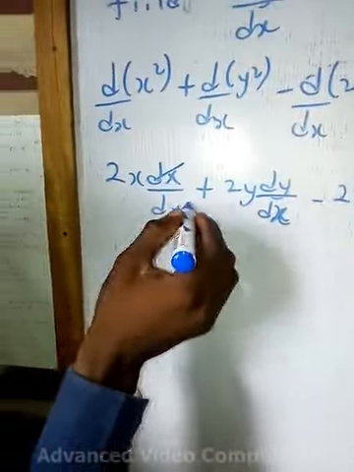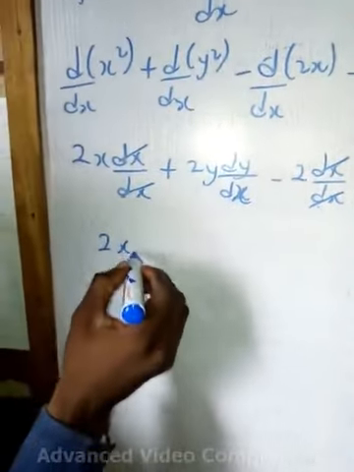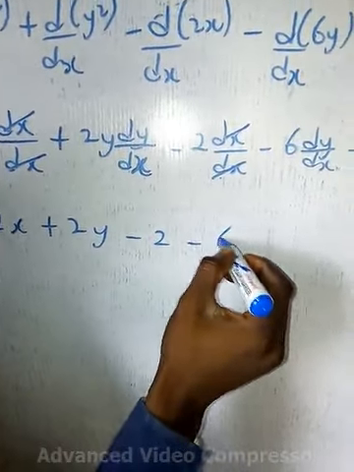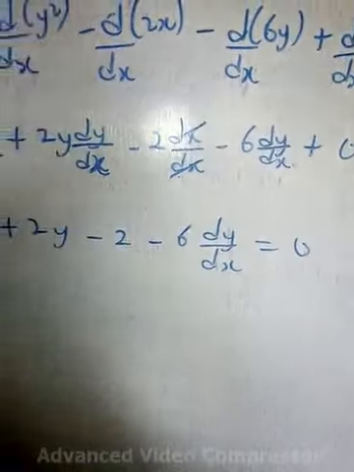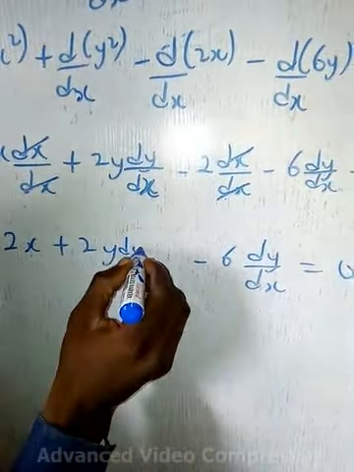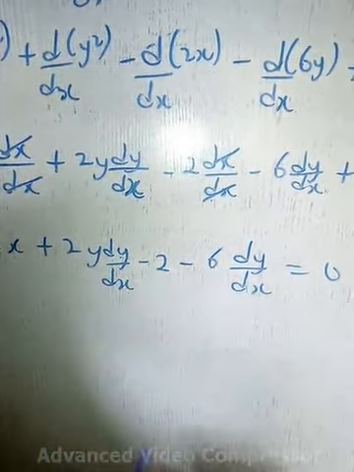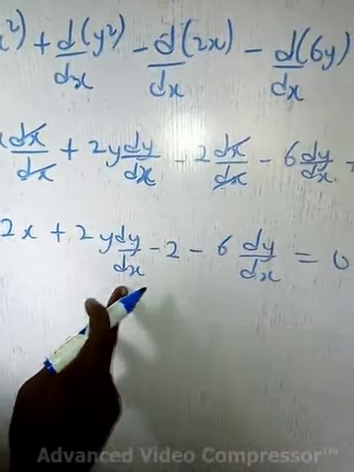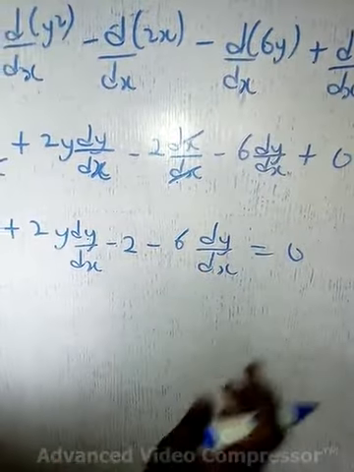Then we have these cancel themselves here. And this is 2x plus 2y dy dx minus 2 minus 6 dy dx equals 0.